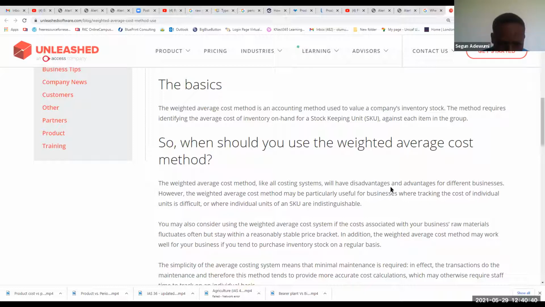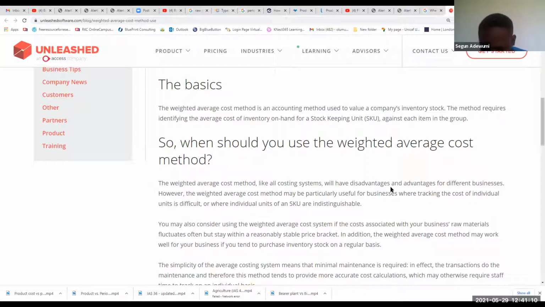You may also consider using the weighted average cost system if the cost of your business's raw materials fluctuates often but stays within a reasonably stable price bracket. In addition, the weighted average cost method may work well for your business if you tend to purchase inventory stock on a regular basis. The simplicity of the average costing system means that minimum maintenance is required.